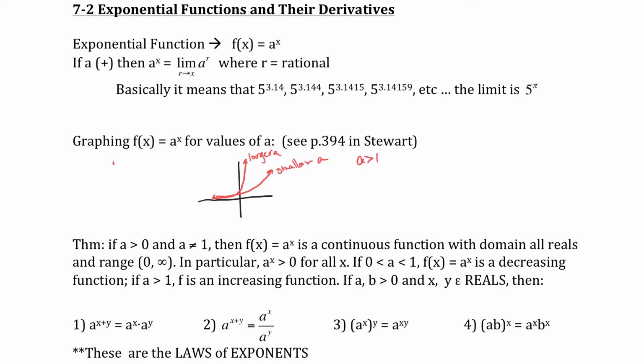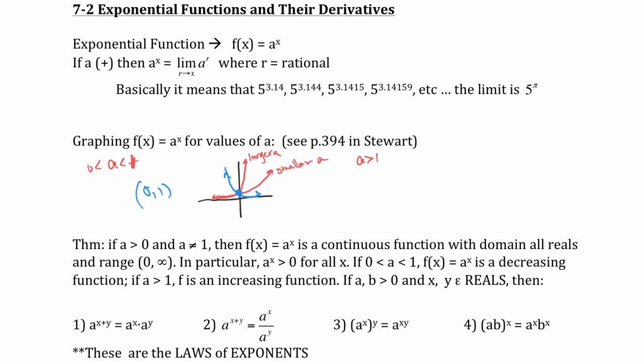Now, if a is in between 0 and 1, such as 1/2, then it'll look like that. But they'll all cross through that same point they all have in common, which is (0, 1). And Stewart does a good job of showing that in the book.